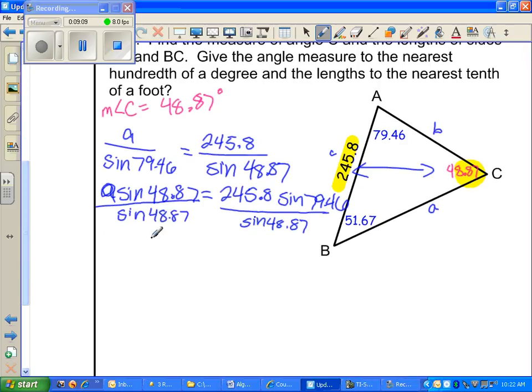So A approximately. So in my calculator, I'm going to type 245.8 sine 79.46. Make absolutely sure that I end that parenthesis after the 79.46, divided by sine 48.87. 320.83.